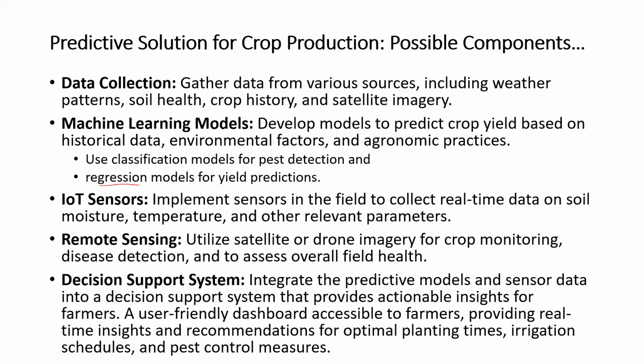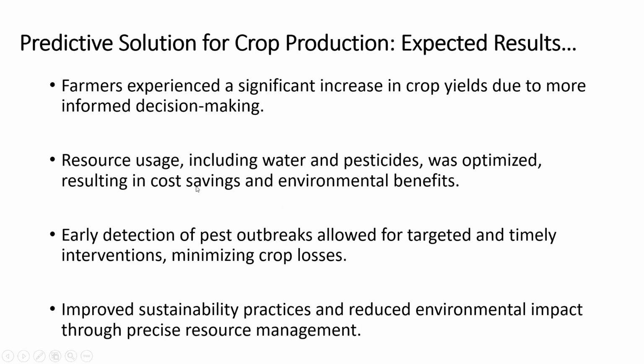Multi-stage means at the beginning you might do classification, and after the classification, in the next stage, you do regression. And sometimes you have multiple regression and classification solutions interwoven within each other, depending on the problem we are solving. And then we discussed extensively the expected result. What are we expecting to add to the system based on what we have?